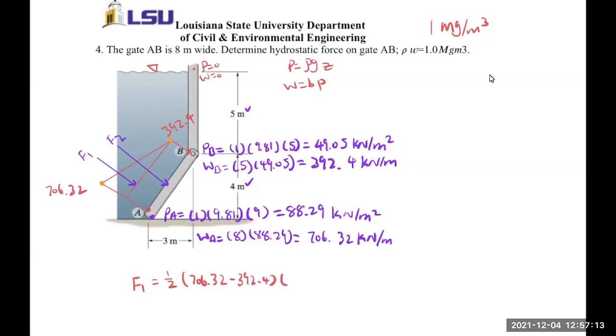Then the length will be this length right here. How do we determine that? Well, by the Pythagorean theorem, because we know that this is 4, this is 3, as you can see right here, which means that this one right here will be 5. So that's the length for F1. If we calculate that, we're going to get F1 equal to 784.8 kilonewtons.